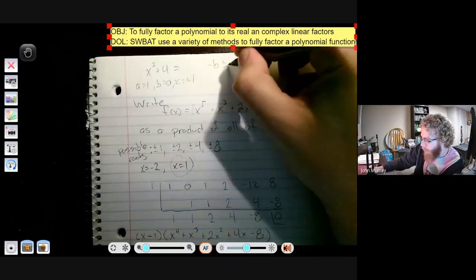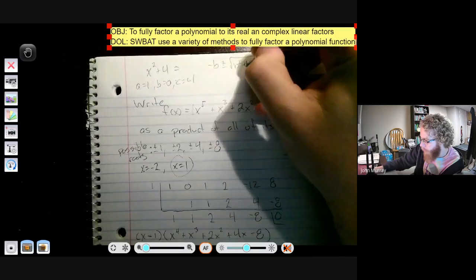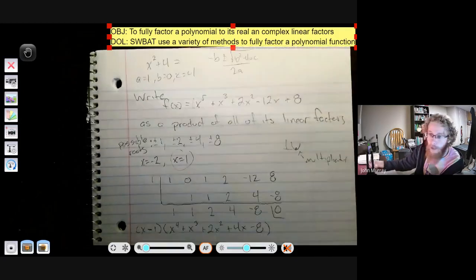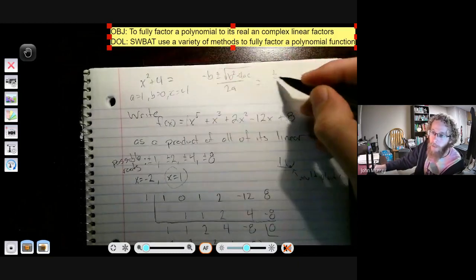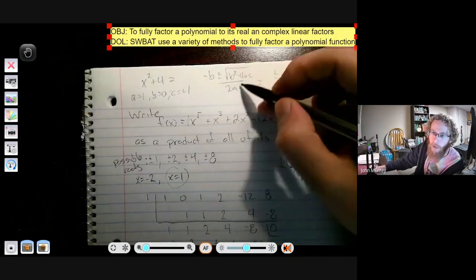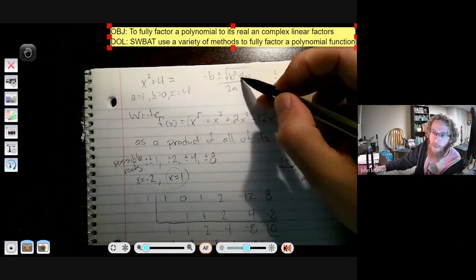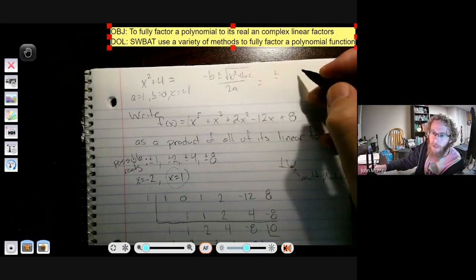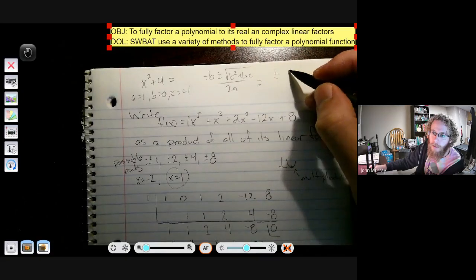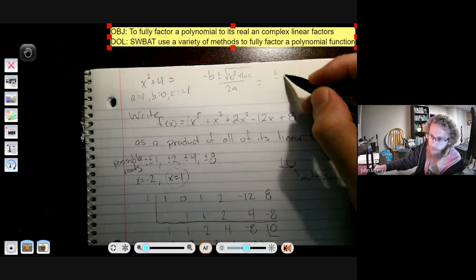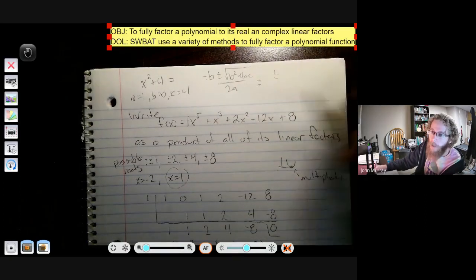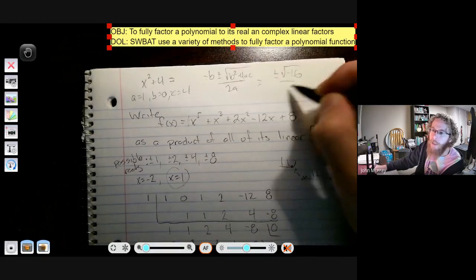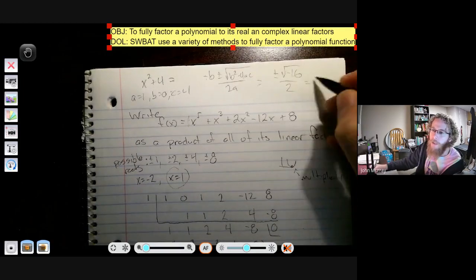So if we did this formula, it would be 0 plus or minus the square root of 0 squared minus 4ac, so that would be negative 16 over 2.